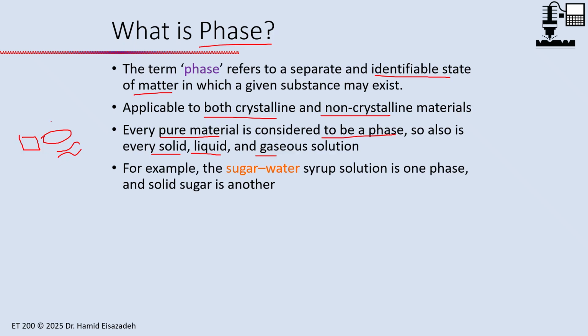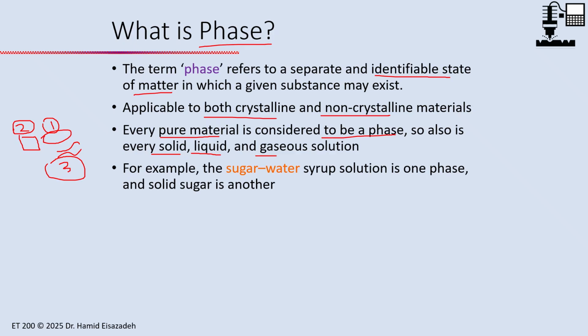So this is water, one phase in liquid form. This is solid of water, which is ice. This is the second phase, and this is a vapor, and that is third phase.